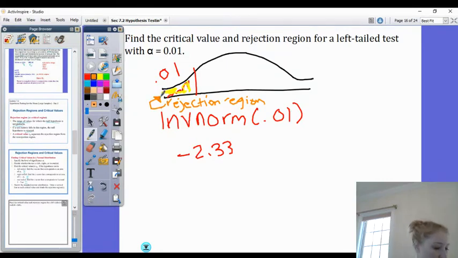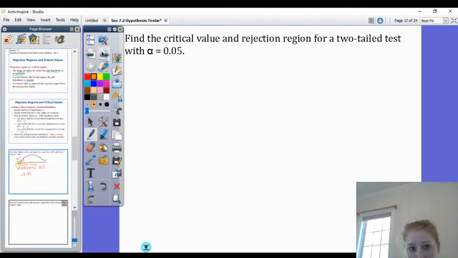Okay, all right, let's do another example. Let's do a two-tailed test. Okay, so just like before, I'm going to draw my bell curve.